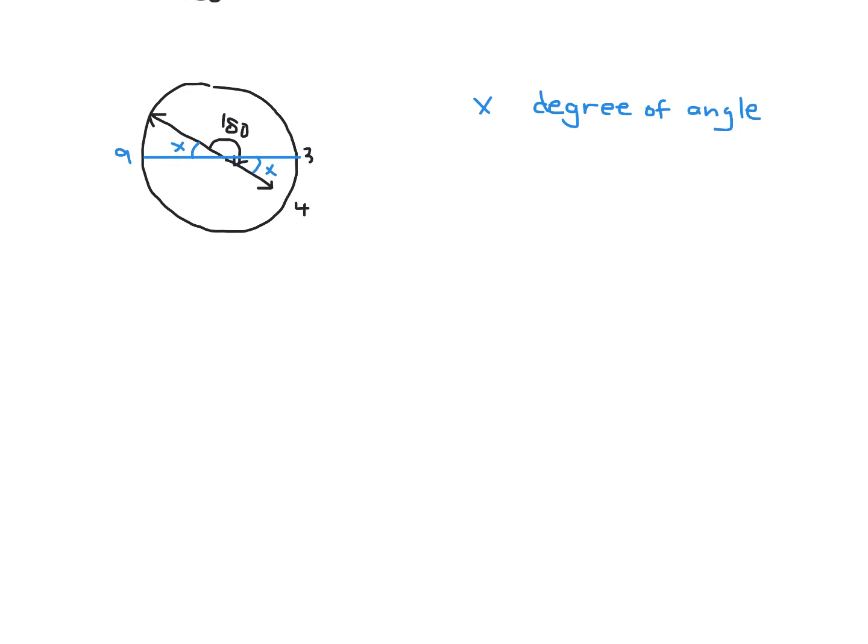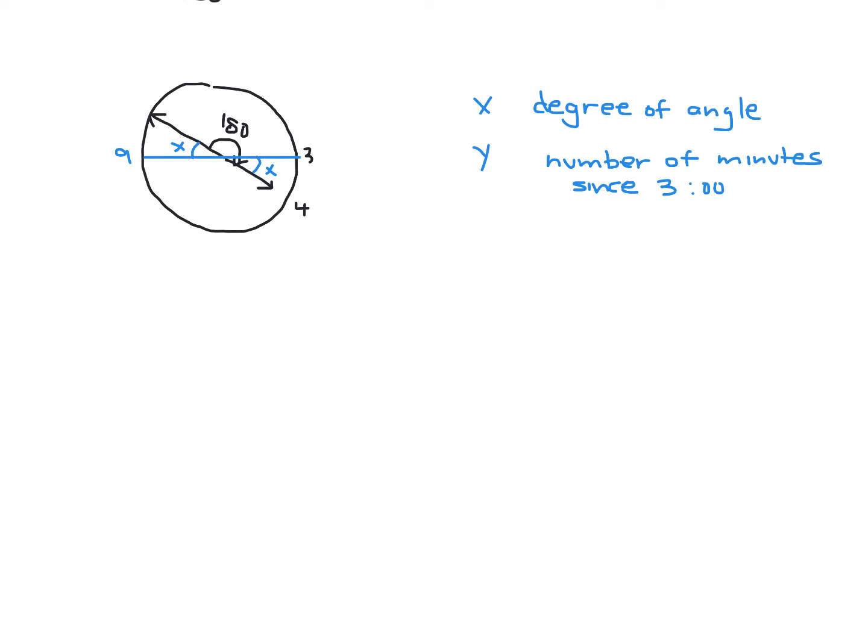Then I'm going to introduce another variable called y, which will represent the number of minutes that have gone by since 3 o'clock.